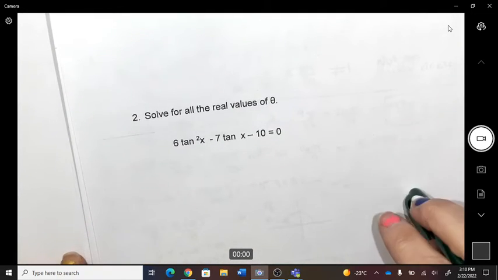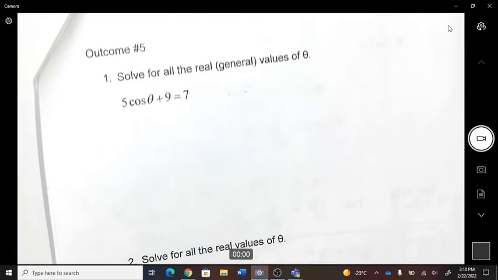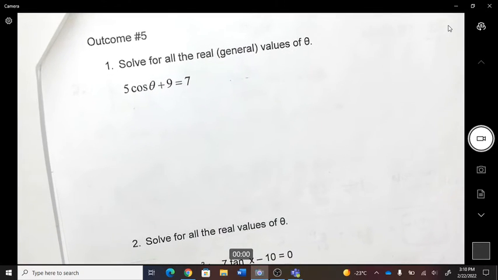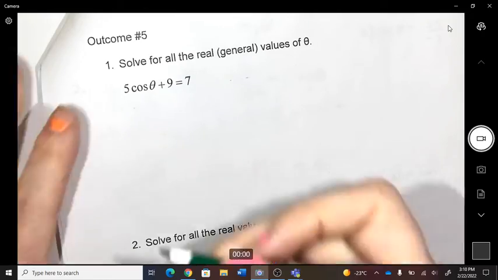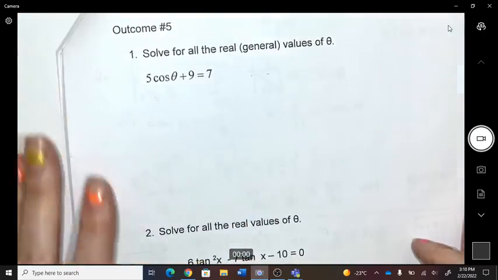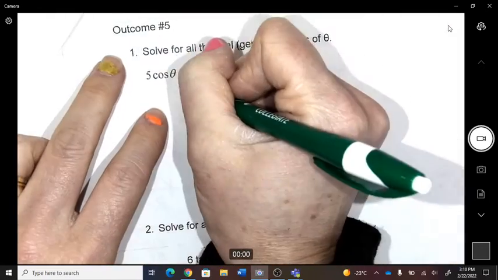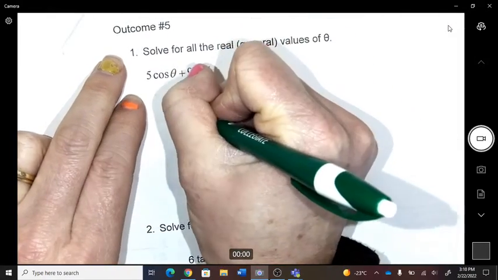You can write it in brackets. So here I'm going to isolate because I have one variable.